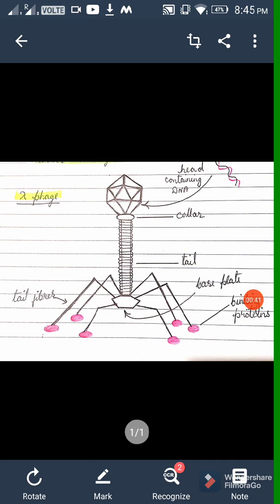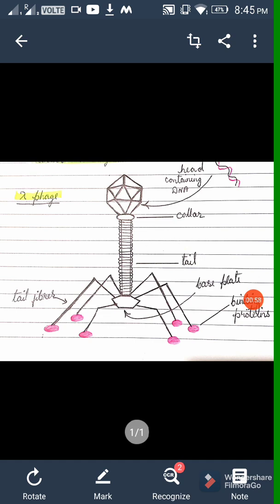This virus is temperate and it may reside within the genome of its host through lysogeny. So we will see how it resides inside the genome of its host, that means in the genome of the bacteria.